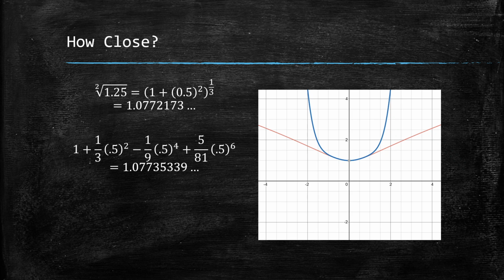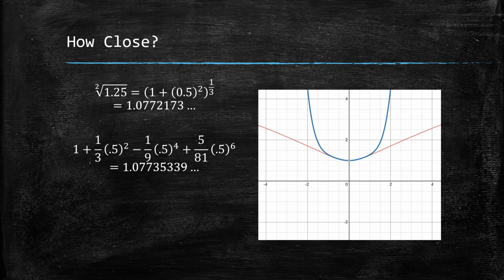Then if we plug 0.5 in for x into the approximation using those first four terms, we get 1 plus 1/3 times 0.5 squared minus 1/9 times 0.5 to the 4th plus 5/81 times 0.5 to the 6th, which would be about 1.077353339 ... and also goes on forever. But if you notice, those are very close. That is a very good approximation.